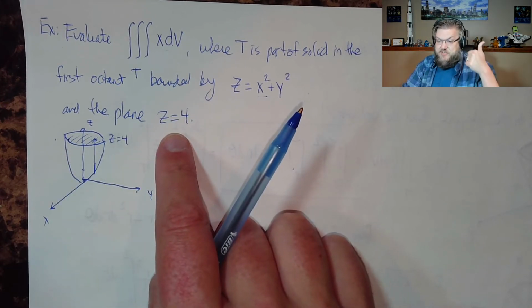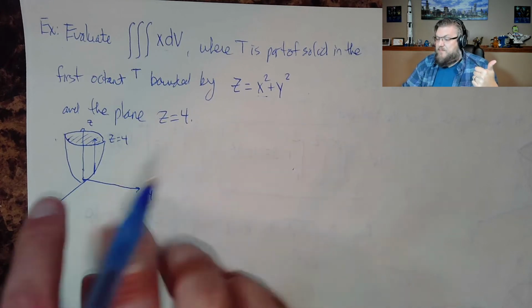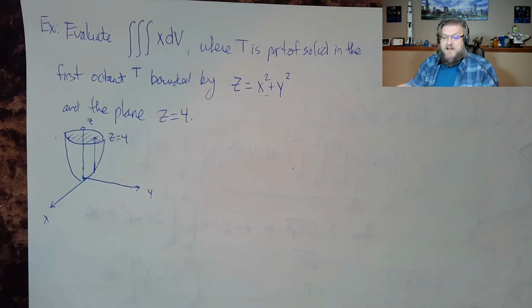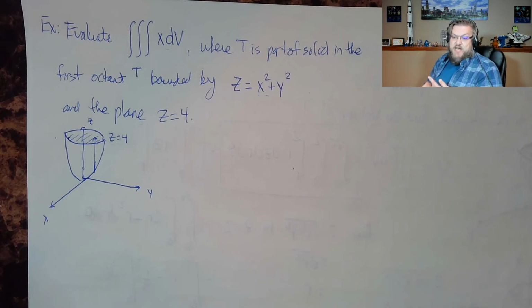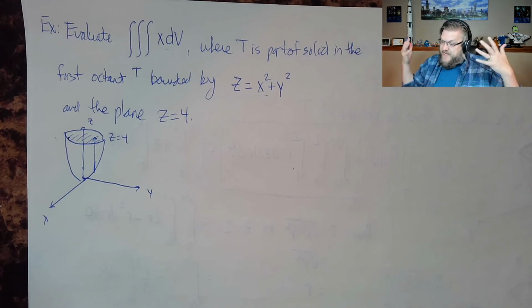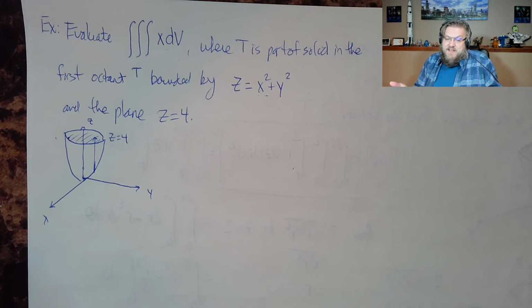So it looks like dz should be first, and when I project this into the xy plane, I'm going to get something that's easily described with cylindrical coordinates. So yes, this is a cylindrical coordinates problem. I'm speaking in general: when it says, hey, just evaluate this, you have to make the call whether you are going to use rectangular or cylindrical coordinates.